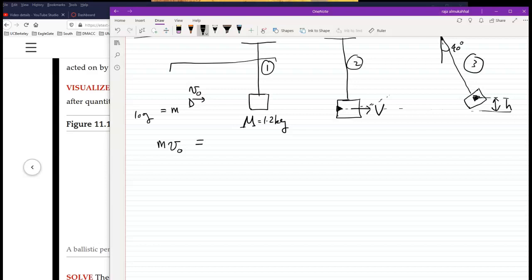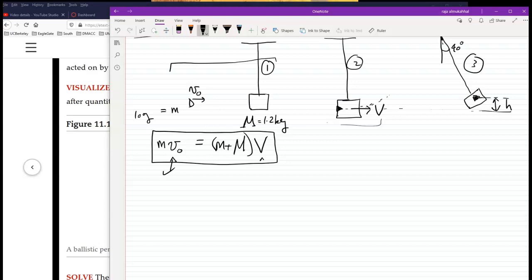That equals, for stage 2, the mass of the bullet plus the mass of the block, big M, times big V. I'm just going to box this one and come back to it in a minute. Remember, I have a lot of unknowns. I don't know V naught, which is what I'm looking for, and I don't know the common velocity of both of them.